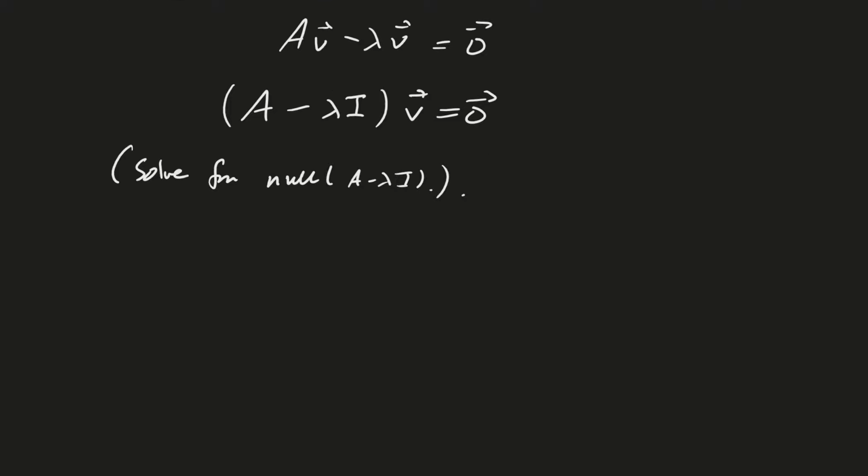Now, how do I know that there even is a null space for that? Well, in order for us to have a non-trivial null space, we must have the determinant of A minus lambda I equal to 0.